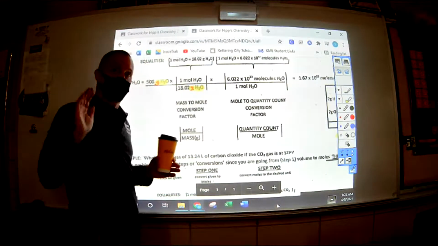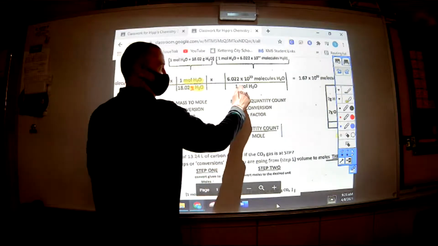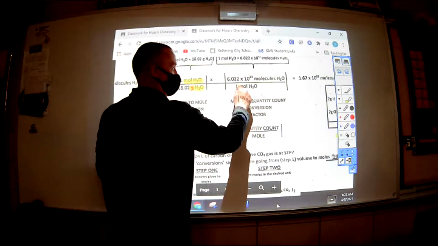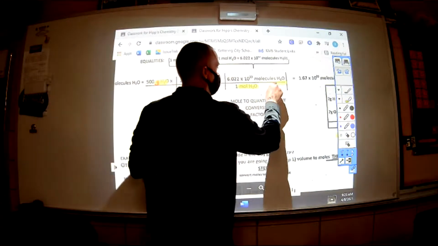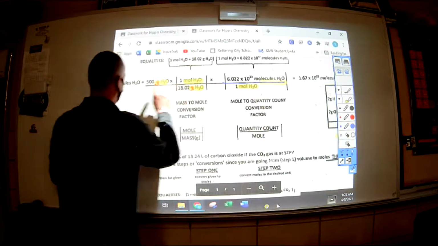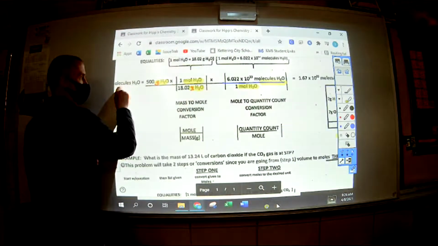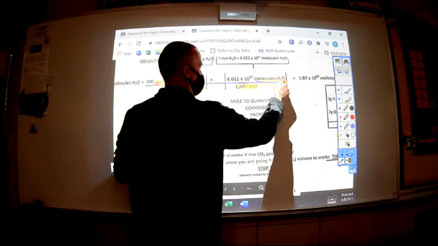On the chart, I went from mass to moles, but I have to factor out moles. Do I have a way to cancel it? Right there. What unit am I left with? I'm left with molecules. That's what I'm trying to find. How many molecules? So this cancels, this cancels. There's the unit I'm left with.